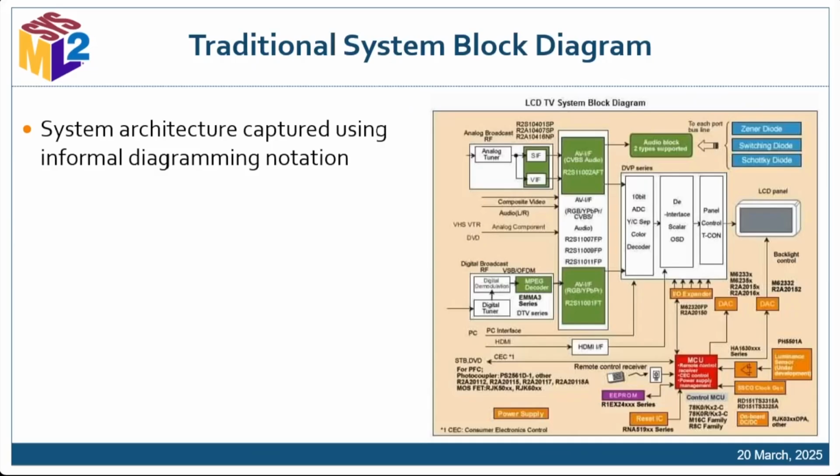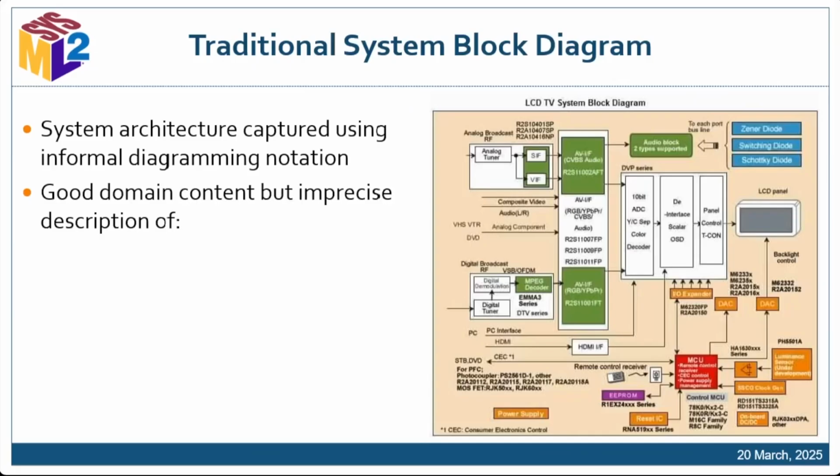When you look at it, it's got a lot of domain knowledge embedded in it. But it's not very precise. The person who put it together knows exactly what they're doing and what they're thinking, but realistically it has some limitations when it comes to using it as an artifact to design to. For example, you can't really tell the component hierarchy here.